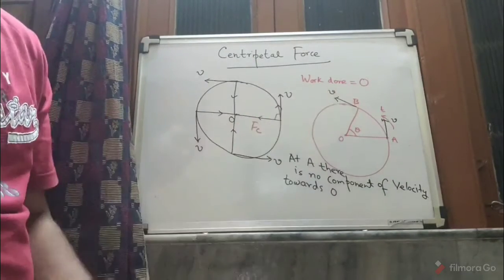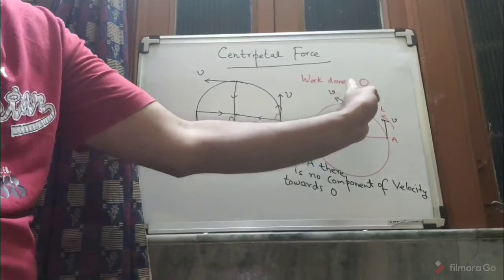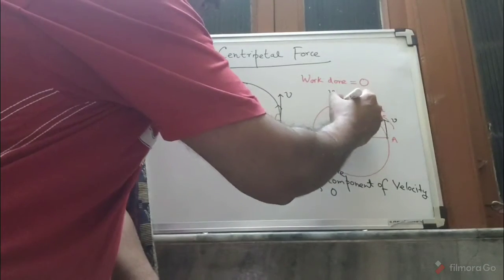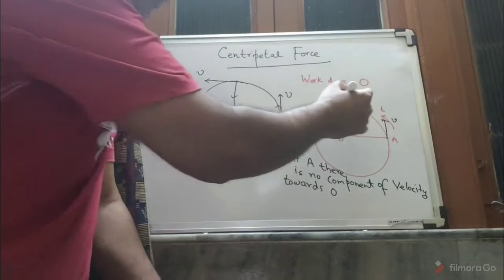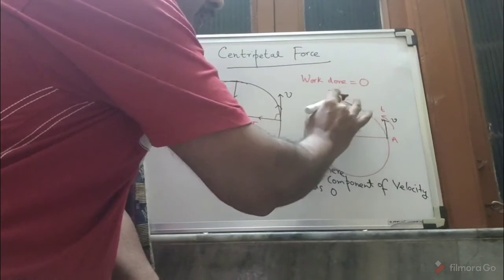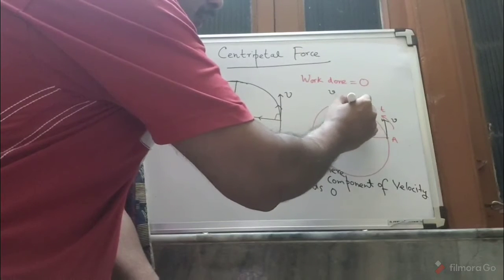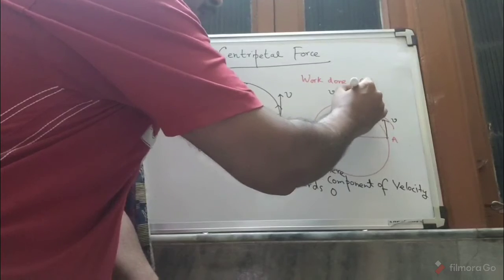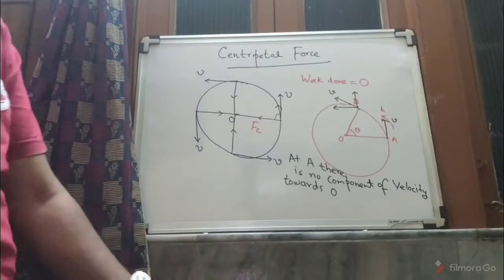And at the point B, the velocity is lying in this direction, so it will make an angle. If we resolve this velocity into two components, one is along OA and another is perpendicular to OA.